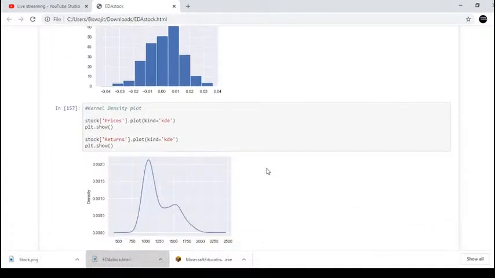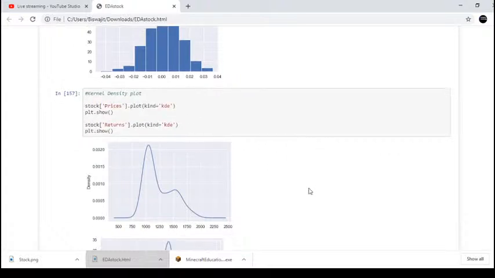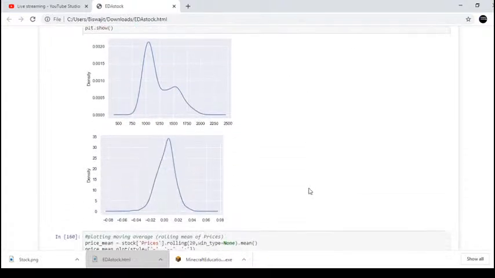And then we will plot the kernel density. Kernel density is a smooth version of the histogram, and you see here, both for prices and for return, we have kernel densities. As expected, you see right skewed for the prices and somewhat similar to normal distribution for the returns, right? And the return is not normal actually, as you see here.